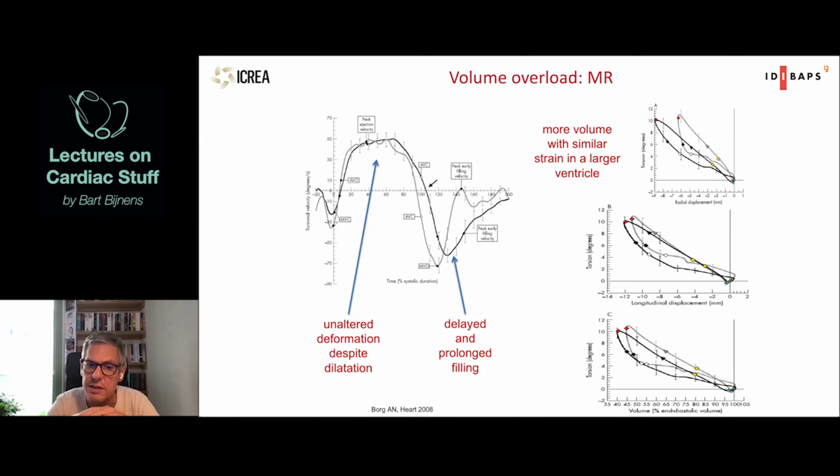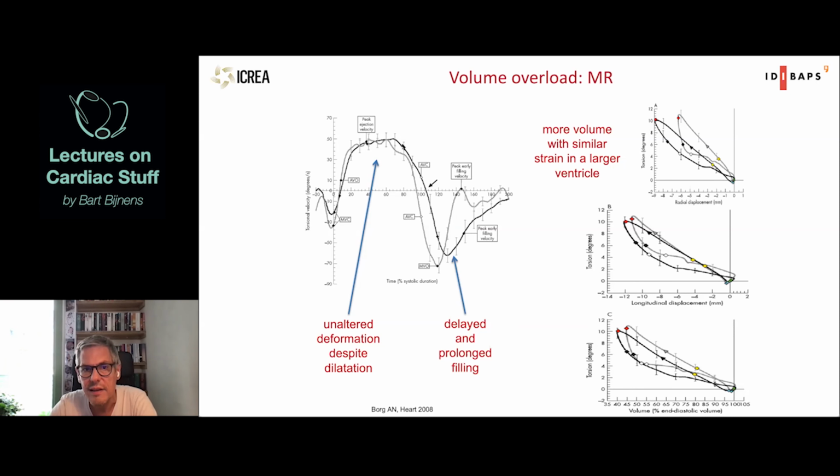Now, there are a couple of studies in volume overload regarding this. I myself am not a big fan of using rotation in clinical practice to do measurements, but it's interesting just to see what's happening, to understand it a little better. When we look at chronic volume overload, so patients with mitral regurgitation, for example, the amount of torsion is not changing, but the dynamics is changing.